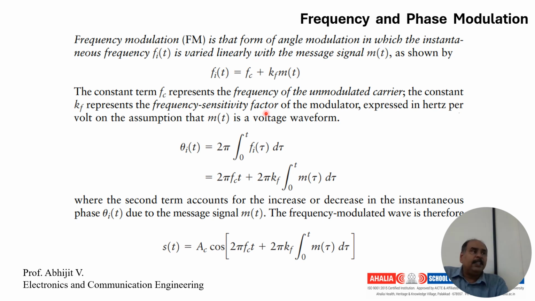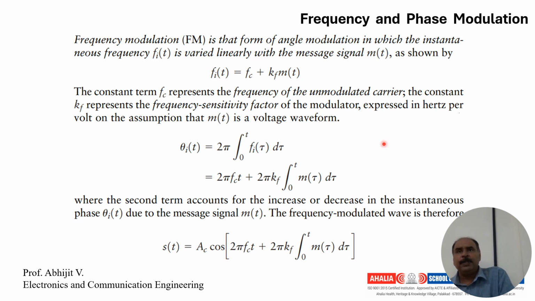Kf is the frequency sensitivity factor, which we have seen in the previous equation while defining frequency deviation, right? So this Kf is called the frequency sensitivity factor.